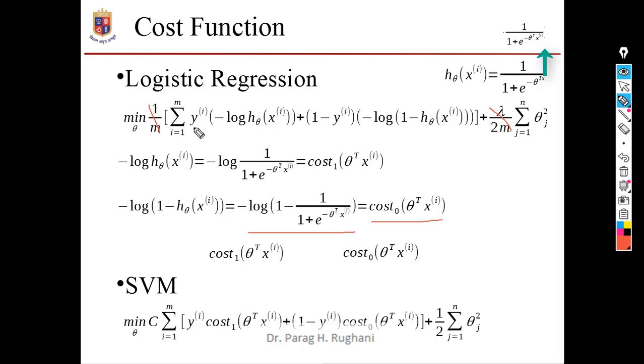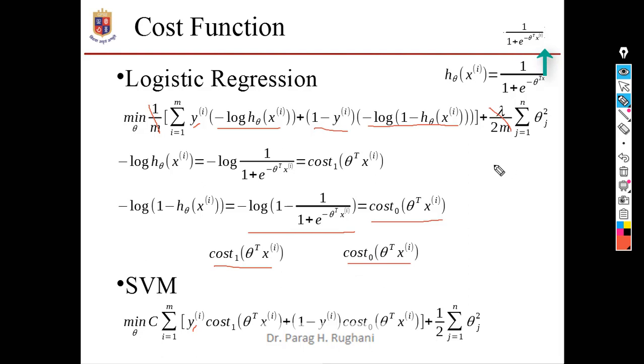So you have y i, and this term minus log h theta x of i is now replaced with cost 1 theta transpose x of i. 1 minus y of i is as it is, and the second term minus log 1 minus h theta x of i is now replaced with cost 0 theta transpose x of i.